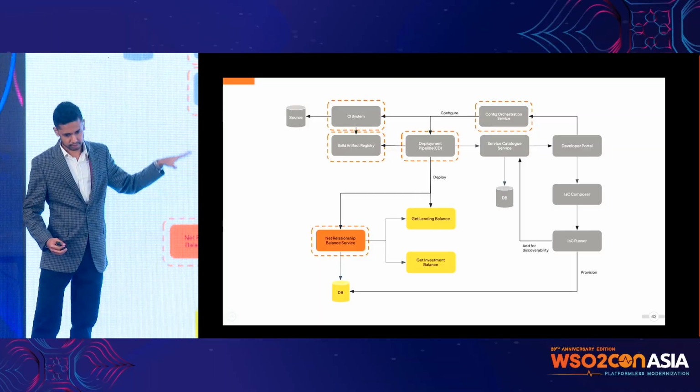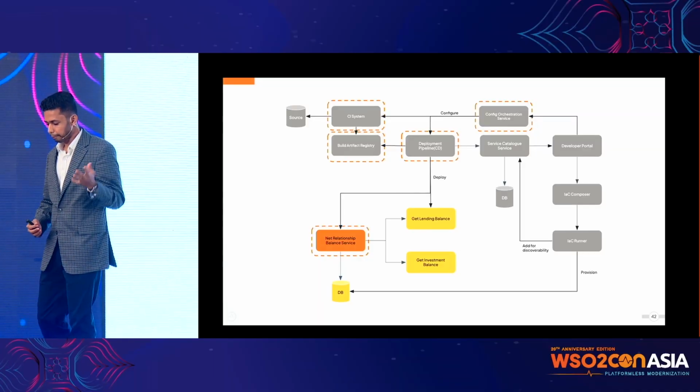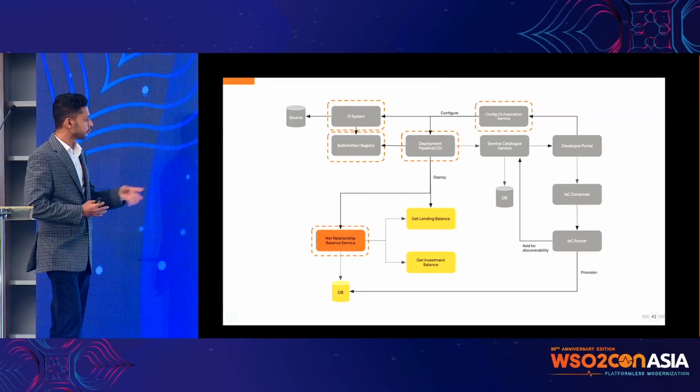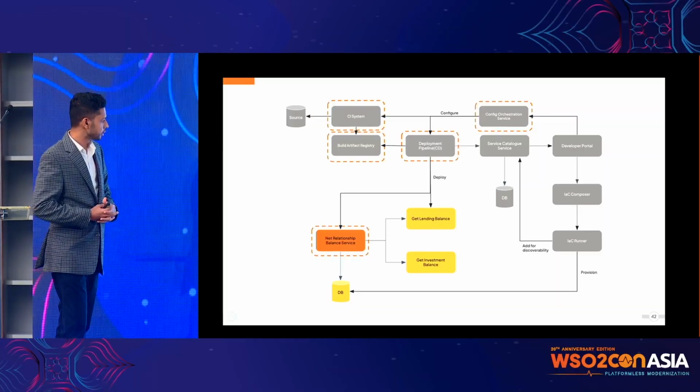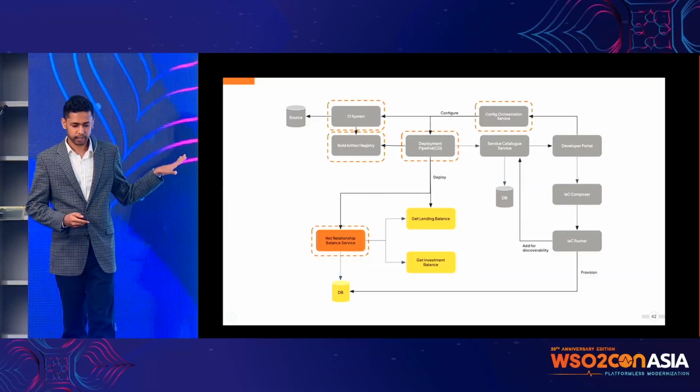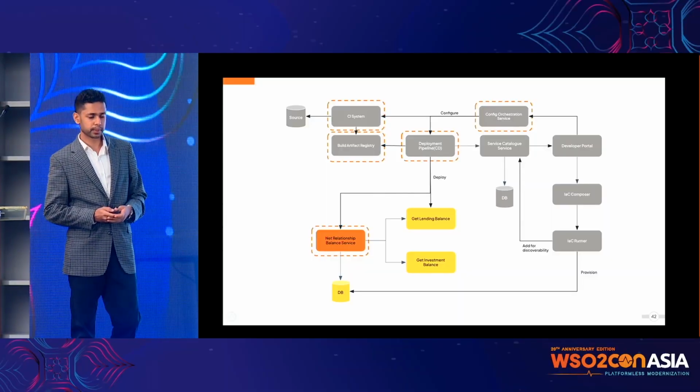So this is the updated architecture diagram after we have deployed the net relationship balance service. Up to this point, we have covered the third key capability of developer self-service.